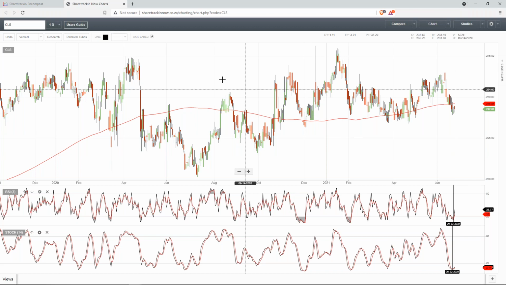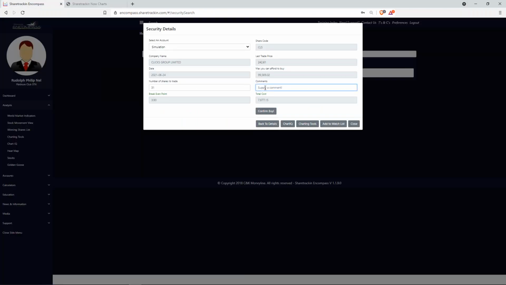All right, because you always need to give a good comment why you're buying the share. So in this case, it would be RSI and STOCH.